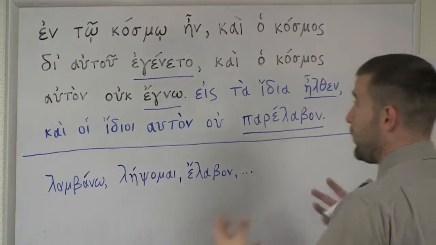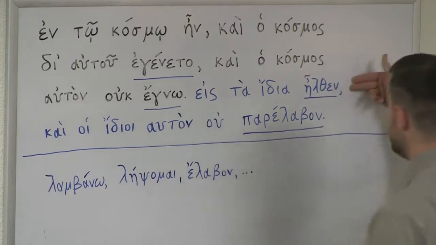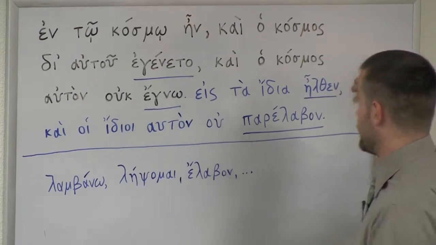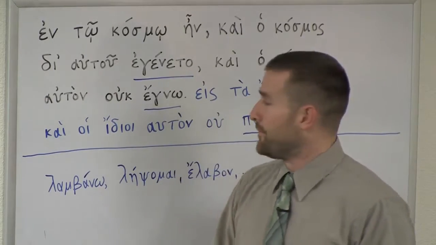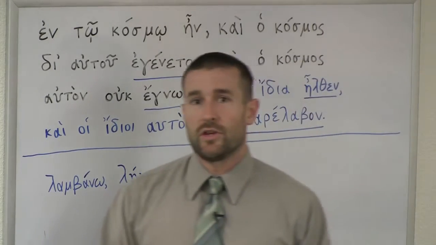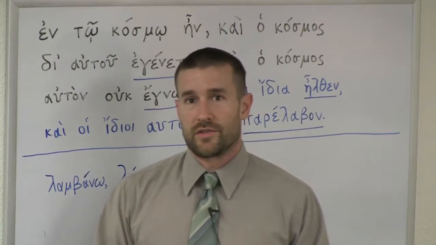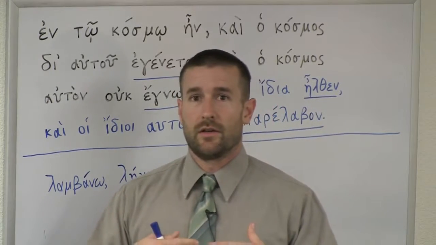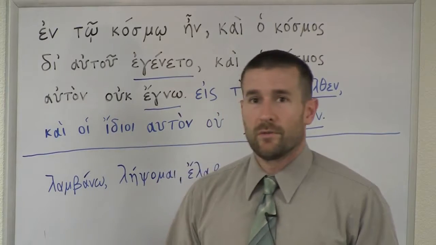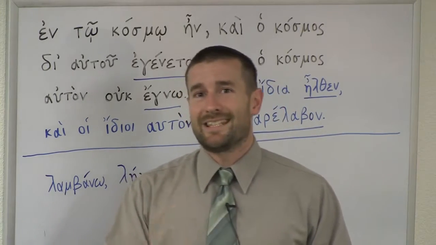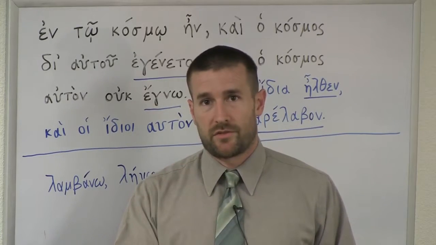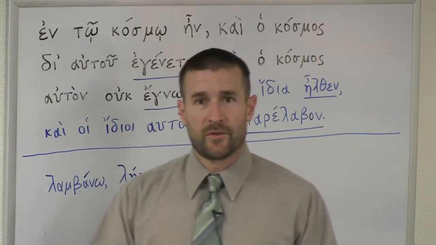You say, well, how in the world do I figure out that ilthen is coming from erchome? They're dramatically different. Egno is dramatically different than ginosko. Well, a lot of times when you're looking up Greek words in a dictionary or a grammar book or whatever reference materials that you're using, you'll often find verbs listed with their principal parts, especially when they are irregular verbs.